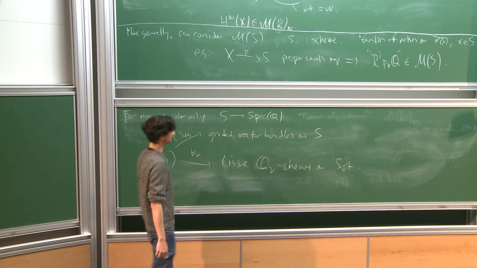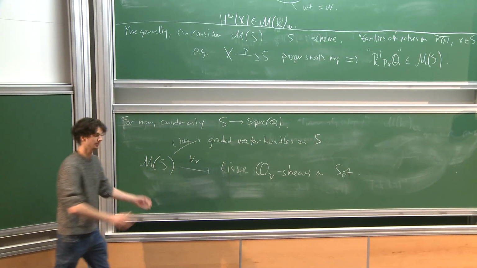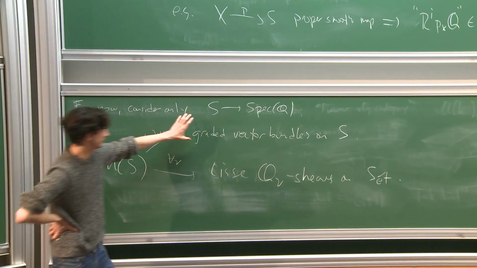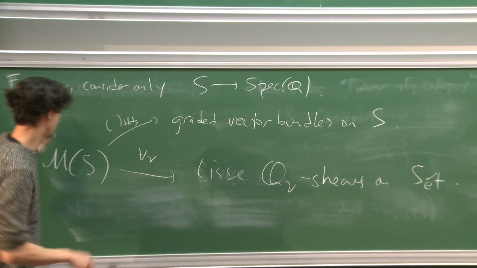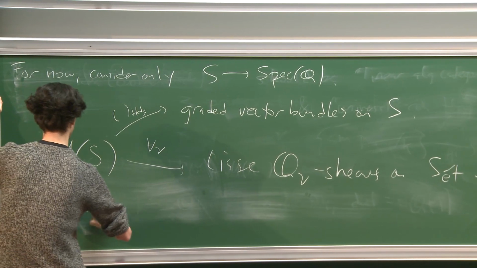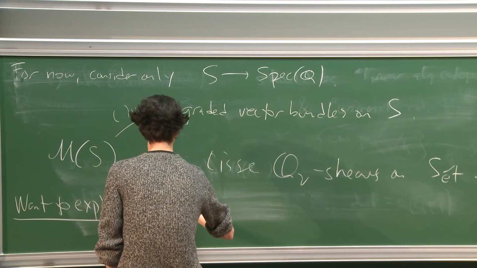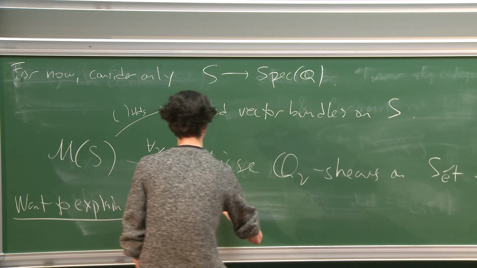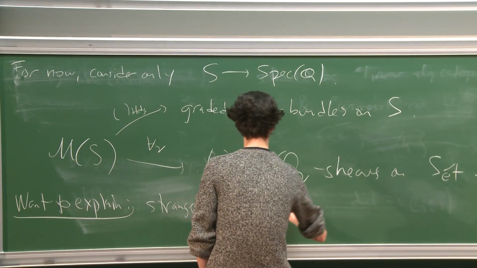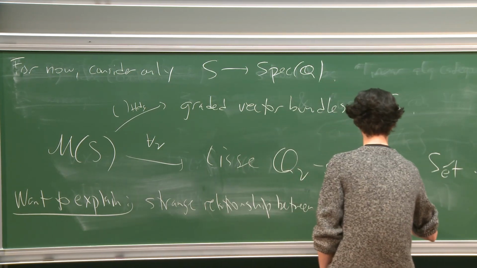Okay. So this is where we're going to be playing. We have some motive, and it has these different realization functors. And what I want to explain is a strange conjectural relationship between these realization functors, these different realizations.